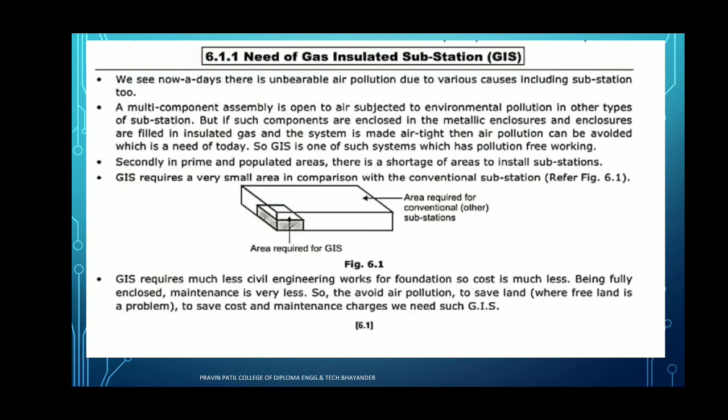Gas insulated substations are also used for backup protection in case of failure of the main supply. By using the gas insulated substation we can maintain continuity of supply. So that is also an advantage and need of the gas insulated substation.